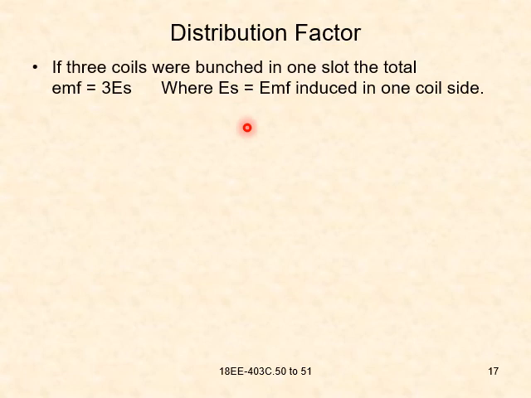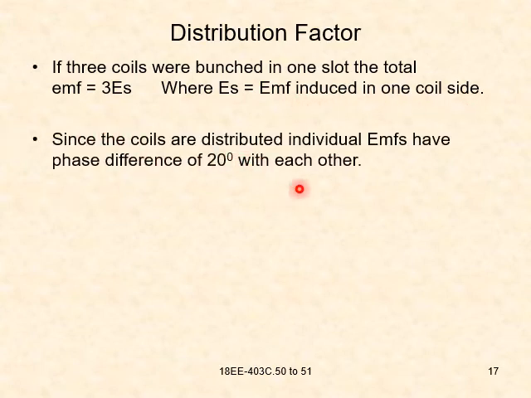Now the distribution factor is given by this: if 3 coils were bunched in one slot, the total EMF will be 3 into ES, where ES is EMF induced in one coil side.